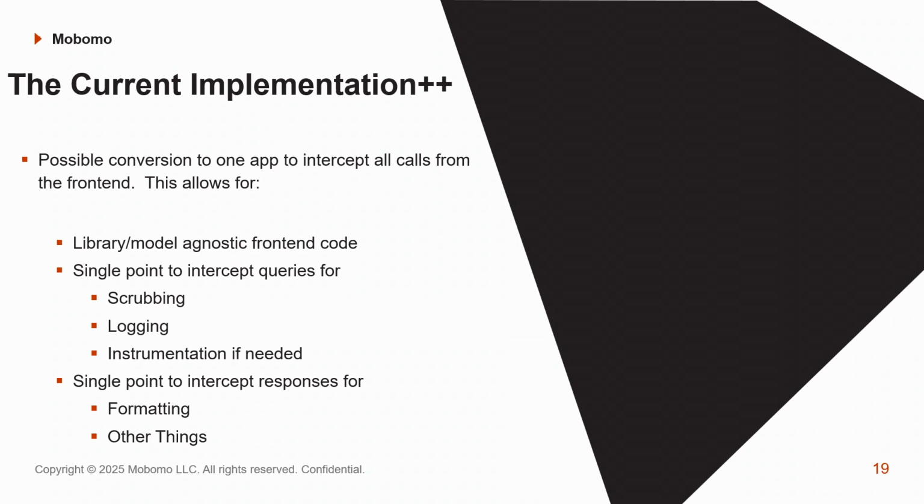And we can have a single point to intercept responses for formatting, which would be nice because as it is, it doesn't always come out nicely formatted, so we might need some additional processing to handle that, or other things that we have not thought of yet.